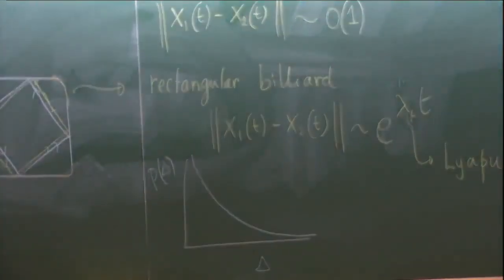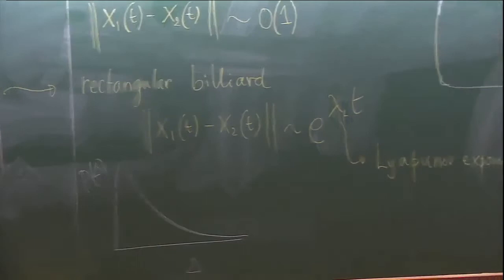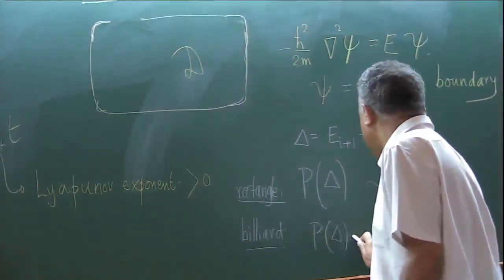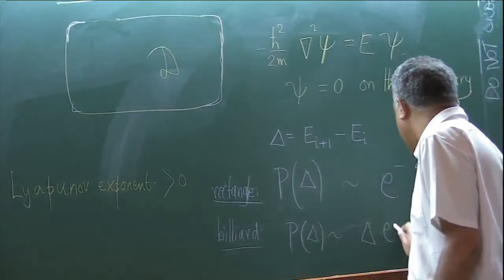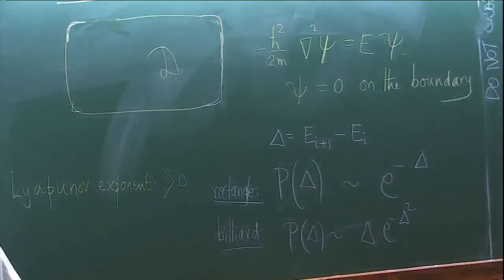But if you solve the same problem in a billiard, which of course you cannot solve exactly, but you can do numerically, then you see this is the rectangle. This is called the integrable system because you can solve the Schrodinger equation exactly in this case. But for the billiard, you can do it only numerically. And you find that this roughly looks like what we saw in the Wigner distribution, a function which goes like this.